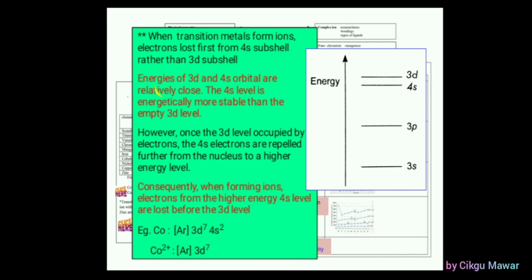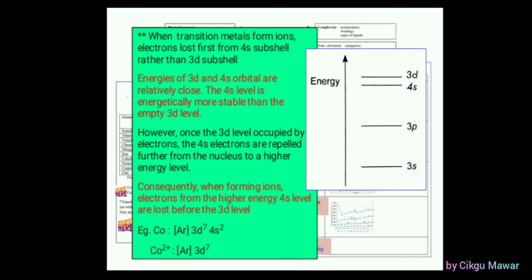The energies of the 3d and 4s orbitals are relatively close to each other. The 4s level is energetically more stable than the empty 3d level. So 4s is more stable, and 3d is less stable, because the higher the energy level, the less stable.